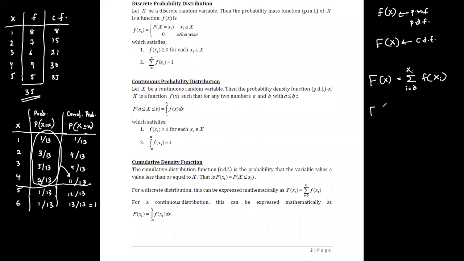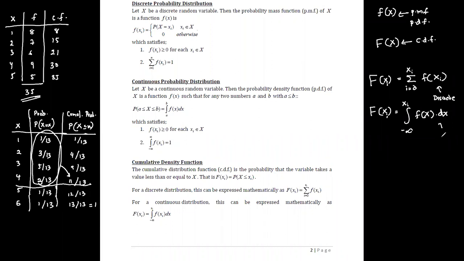If it is a continuous case, then F of x_i can be obtained by integrating from minus infinity to x_i, f of x with respect to dx. This is for the discrete, and this is for the continuous.